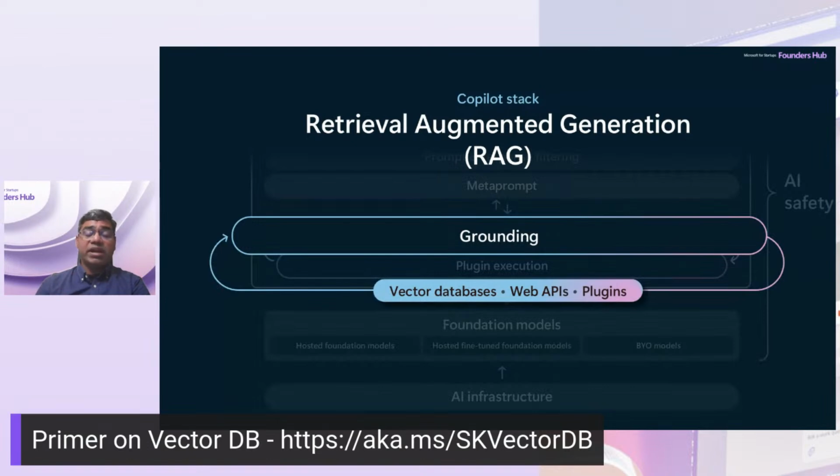An attribute could be country, or it could be anything else, for example weather at a certain time of the year. So you use vector databases to pull out information, and using this information, you augment the output that is generated by the copilot stack. That is why retrieval augmented generation, or RAG as it's called, is a very important concept, because it extends beyond the training of your LLM.